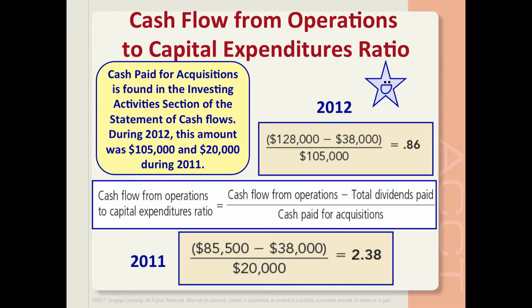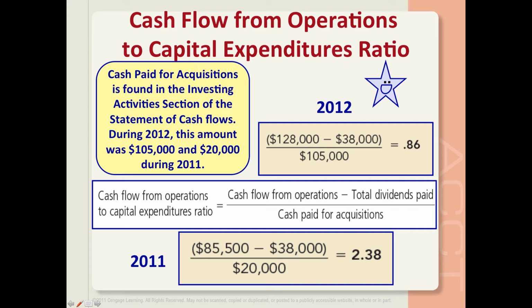Okay? In other words, whatever we really earn from operations allows us to finance buying new property, plant, and equipment. Cash paid for acquisitions is found in the investing activities section of the statement of cash flow.